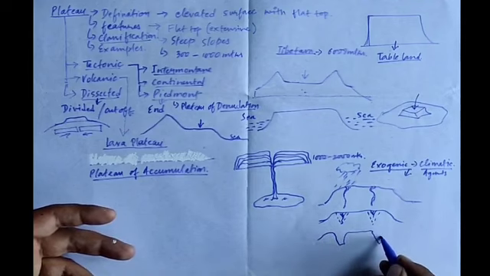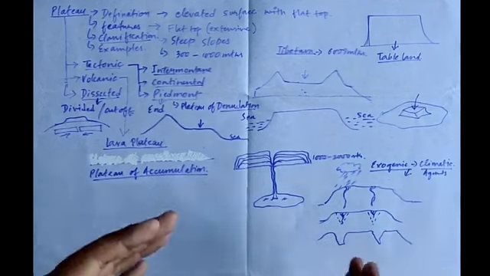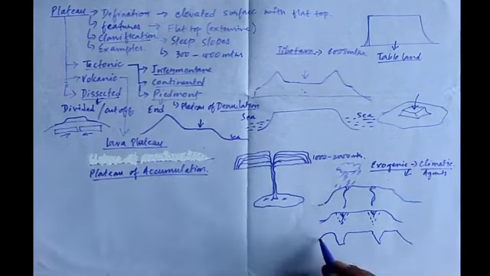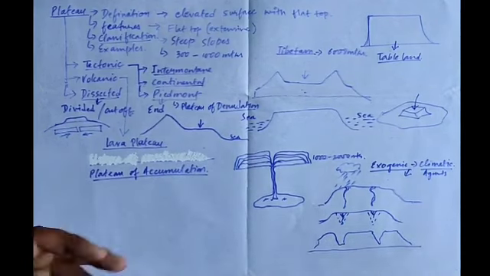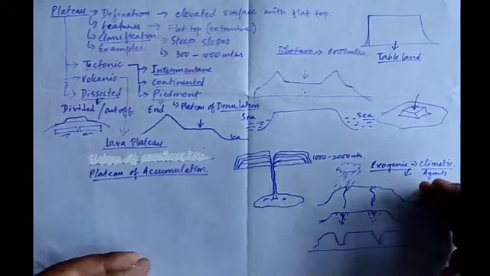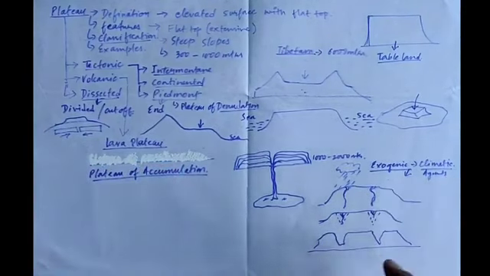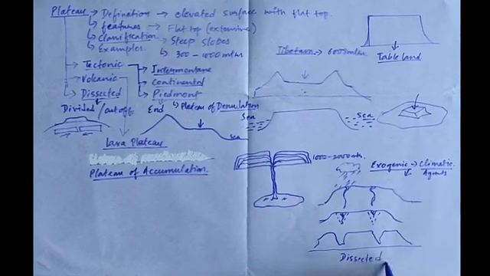So at a point of time, the mainland plateau which was there will get divided into several smaller plateaus. Here the smaller plateau has been dissected or cut off from the main plateau, so this is called dissected plateaus.